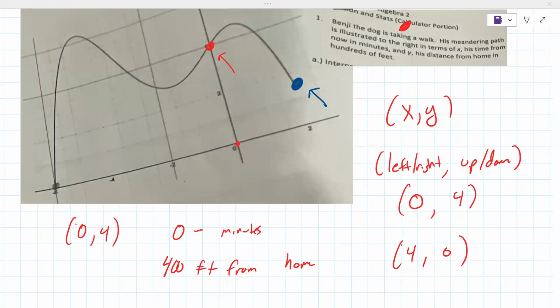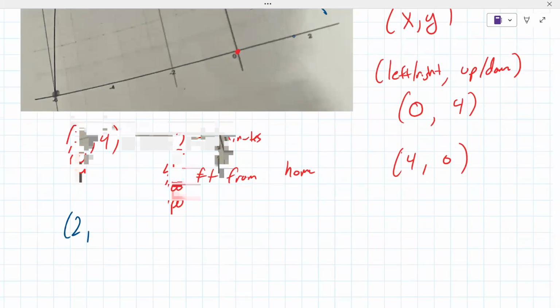And 2. 1, 2, 3. I don't think so. 3 is up here somewhere. Is it just like 2, 1? I guess. That's more reasonable, so okay, let's go 2, 1.